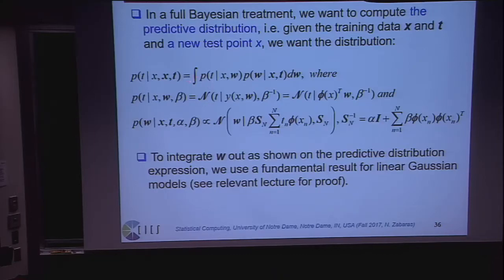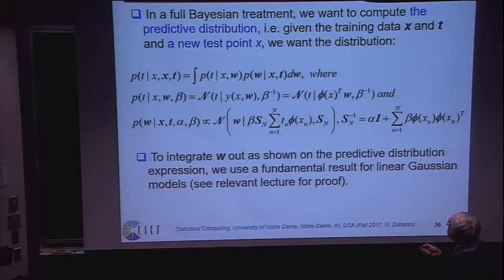If I want at a new x to find what the response t is, what am I doing in this integral? What's the first term? The likelihood, and that's the posterior, integrated over the parameter space. Exactly, the same way as anywhere else.